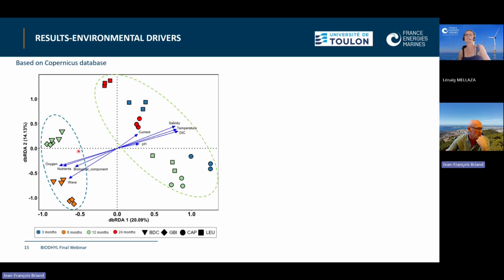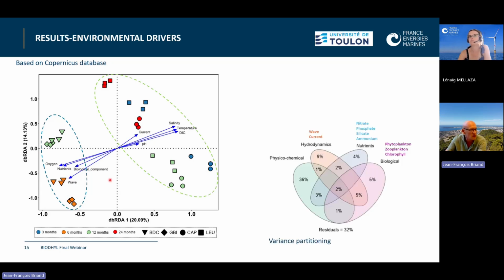And another set of parameters is associated with the Atlantic, especially the nutrients and the waves, which is very interesting because that means that these hydrodynamical parameters are very important for the biofouling in offshore sites.